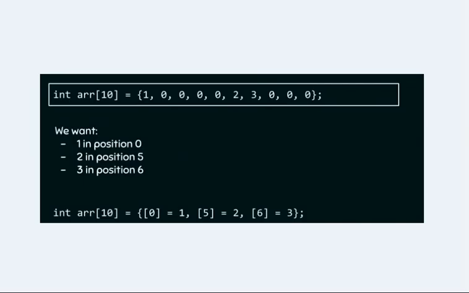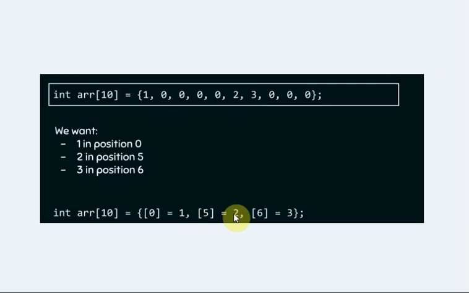Now let's say we want to place 1 here, these are 0, then 2 here, 3 here, these are 0 in an array. So the easy method is this: int array[10], I am defining a length of 10, but I want 1 at index 0, correct?